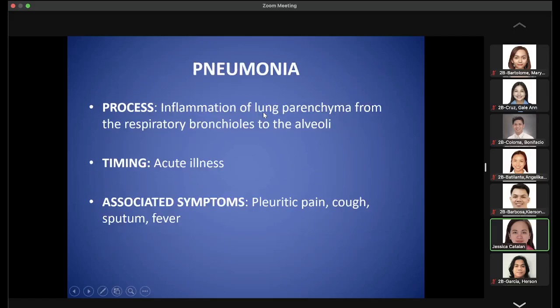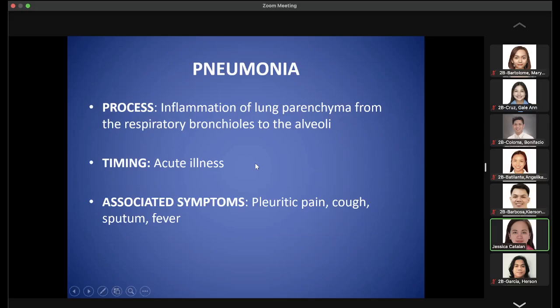Pneumonia is the most common infection of the respiratory system. In pneumonia, there is inflammation of the lung parenchyma from the respiratory bronchioles to the alveoli, so our lung unit. Usually, this disease is of acute duration, an acute illness, so within 5 to 7 days the patient gets sick.